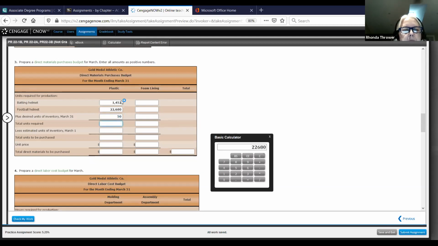And then we're going to combine all of these together to find the total units that are required of the plastic material, the total pounds of plastic that is required at this point.